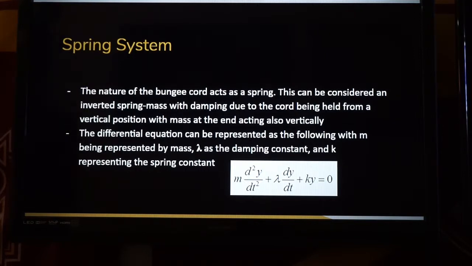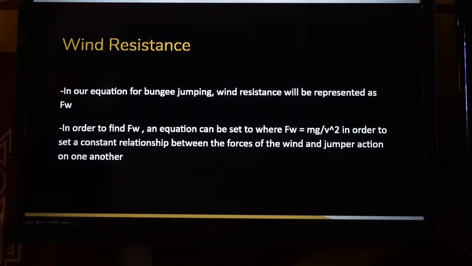The differential equation is: mass multiplied by the second derivative of y with respect to time, plus lambda, which is the damping constant, multiplied by the derivative of y with respect to time, plus the spring constant, k, multiplied by y. All of this is set to 0.